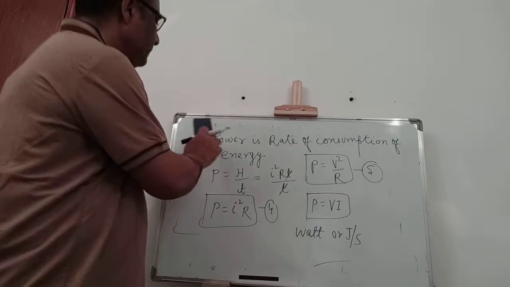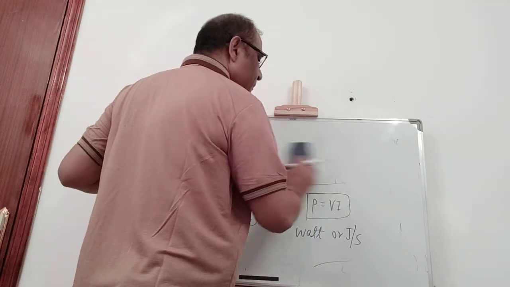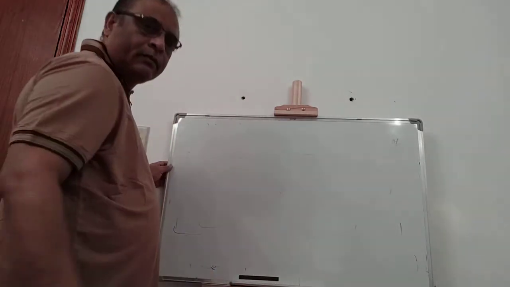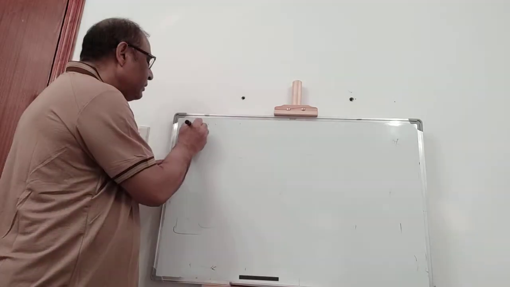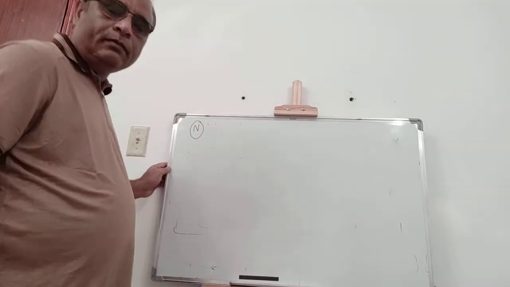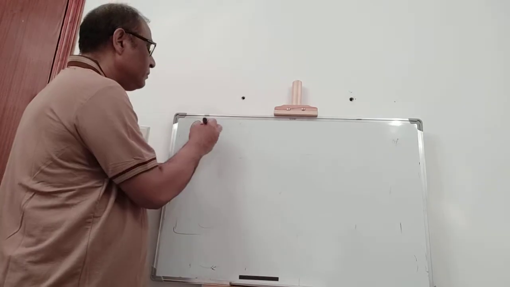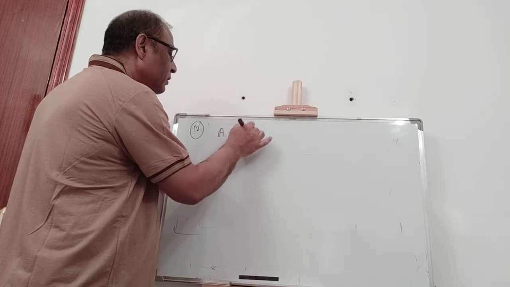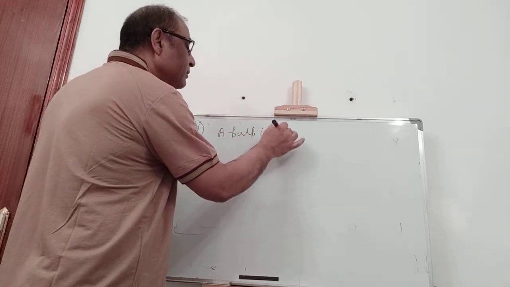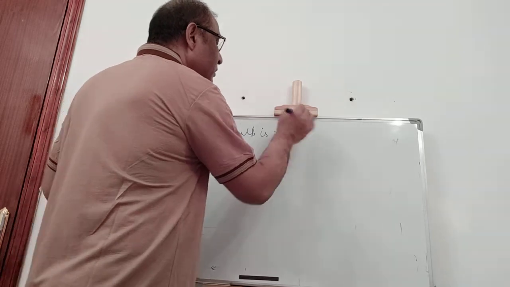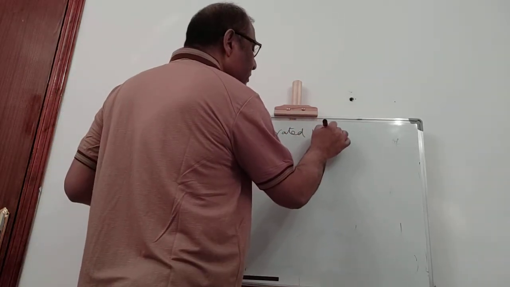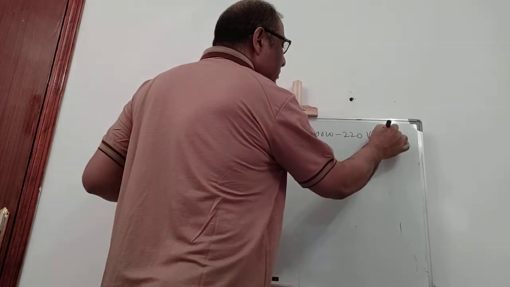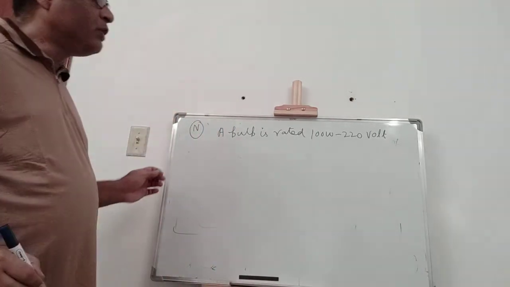Now, here I am writing a numerical. A bulb is rated 100 watt, 220 volt.